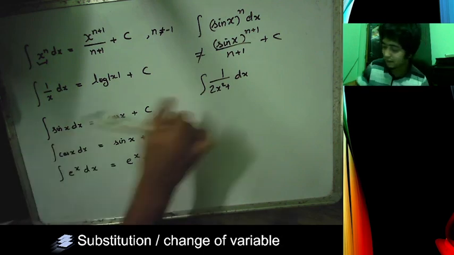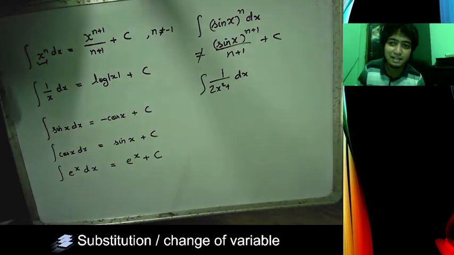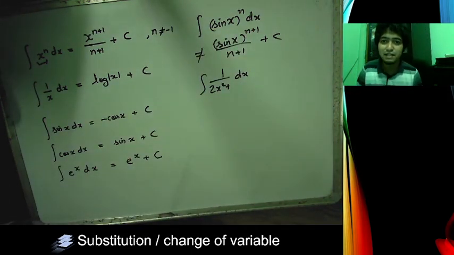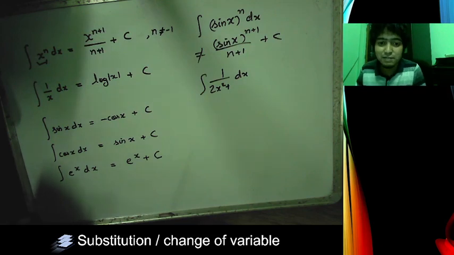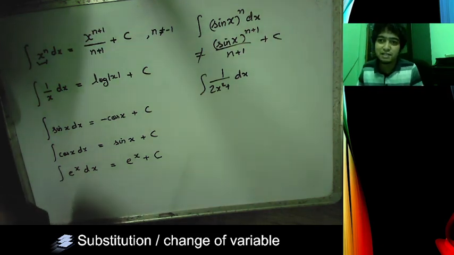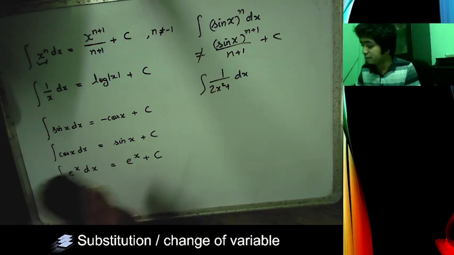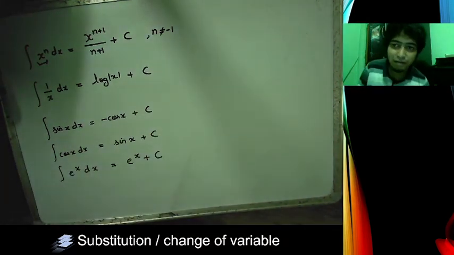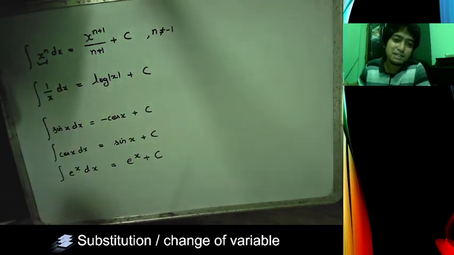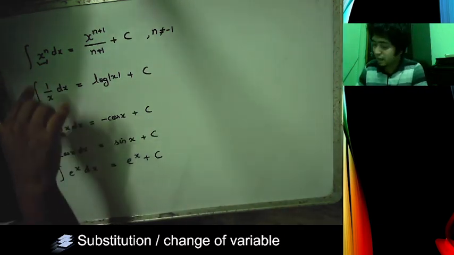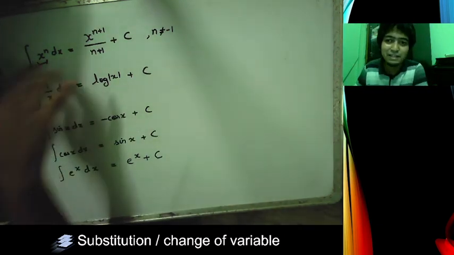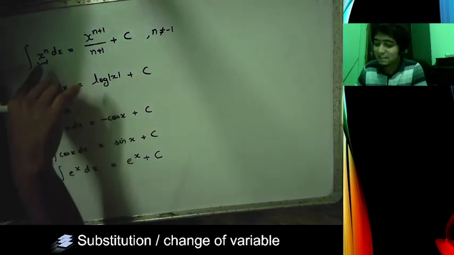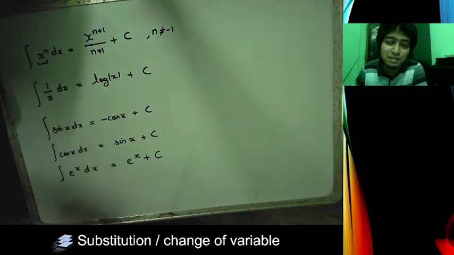So when we encounter such cases, that is when we will have to use substitution, or change the variable from x into another variable. However, this basic formula works if in place of x we write t, because x was chosen just for notation.